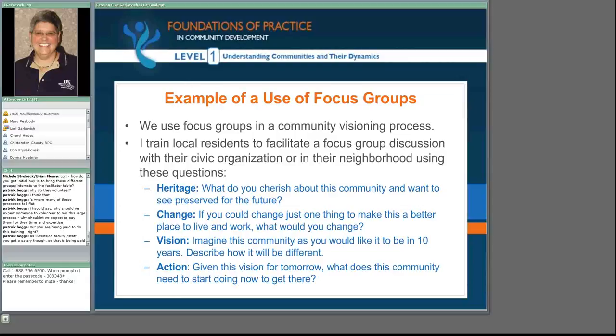In the places where I've done this, we've had as few as 200 people participate in a community of about 9,000, and as many as 2,500 participate in a community of 12,000. Generally, we get between 500 to 700 to 1,000 participants.